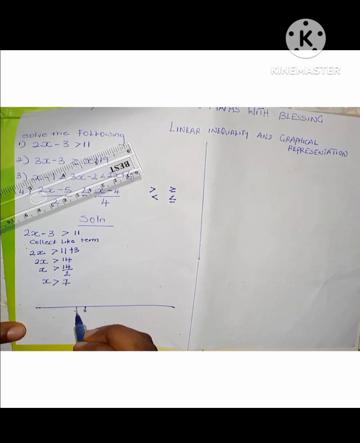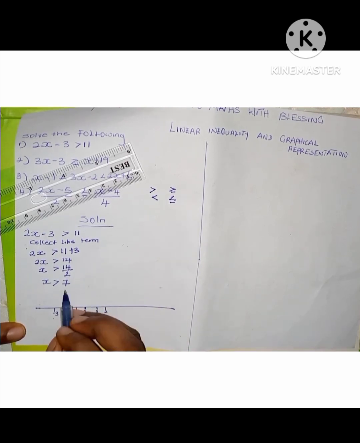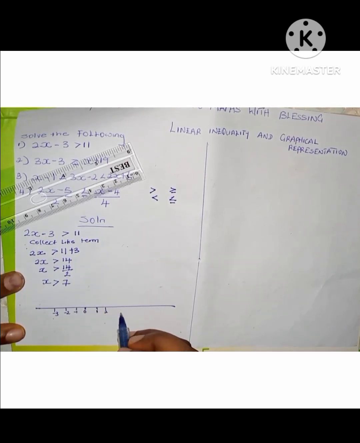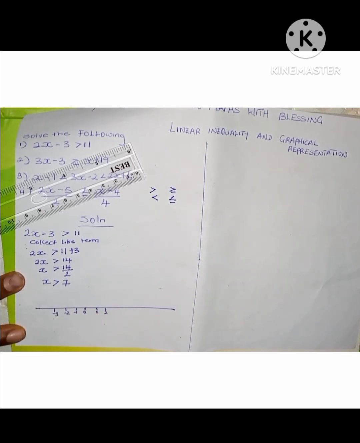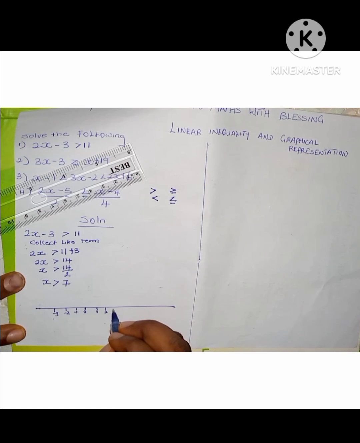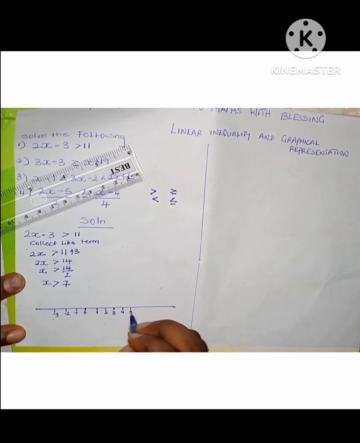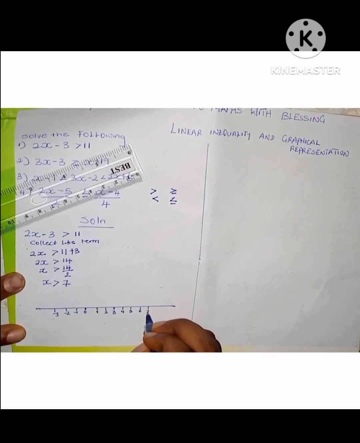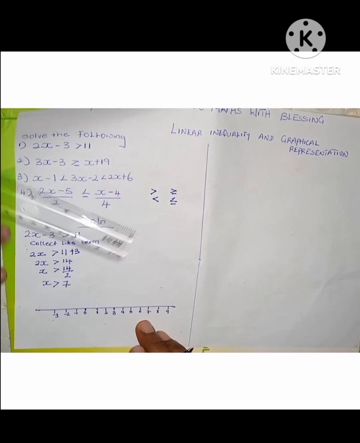Here is the negative integers, and here is the positive integers. So I have 7 here. I'll make sure that my 7 appears at my number line, and there is no negative here, so I'll make sure that negative is small, so my positive will be big. 4, 5, 6, 7, 8, 9. Let me stop here because 7 is already here.